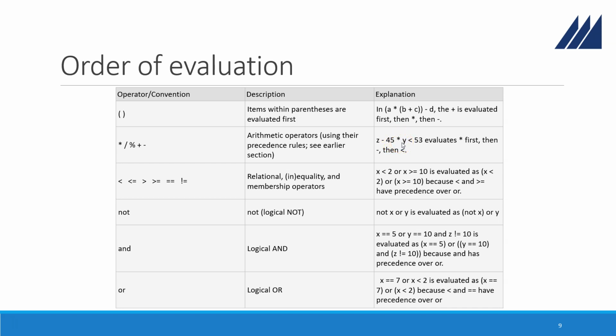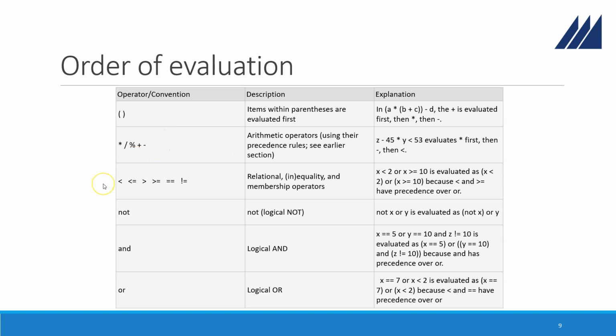After that, we evaluate the minus z minus whatever result I have here. After I finish calculating the entire side, I evaluate it with the less than sign with 53, sorry.